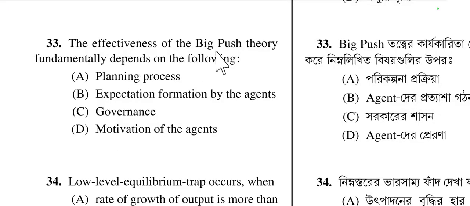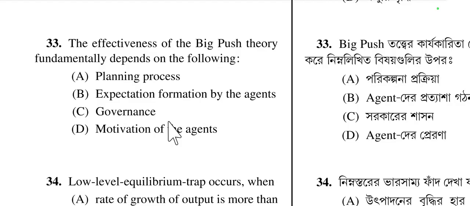The effectiveness of the big push theory fundamentally depends on the following: planning process, expectation formation by the agents, governance, or motivation of the agent. So these options all are related with big push theory, but we have to choose the most possible answer.